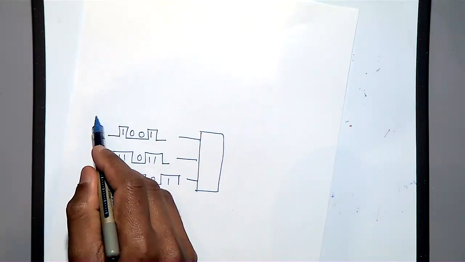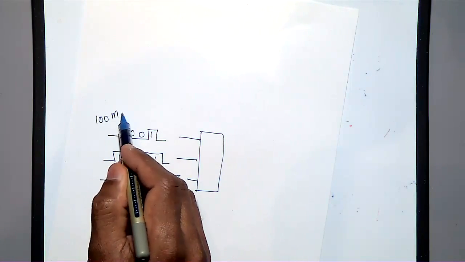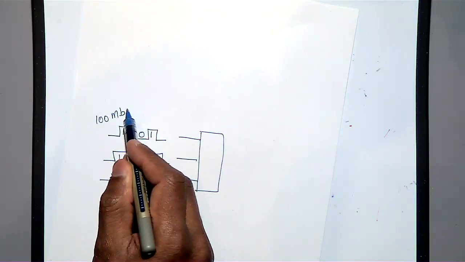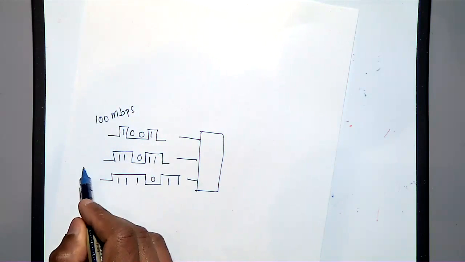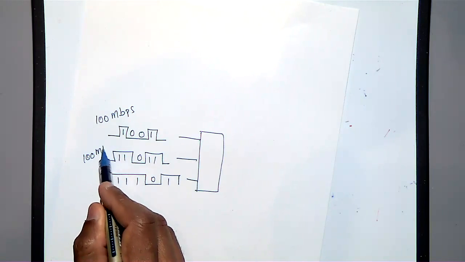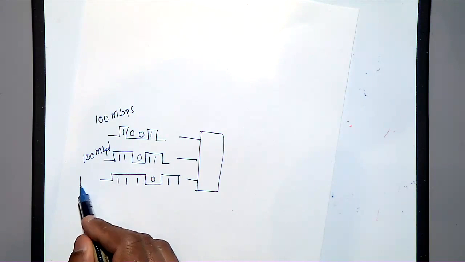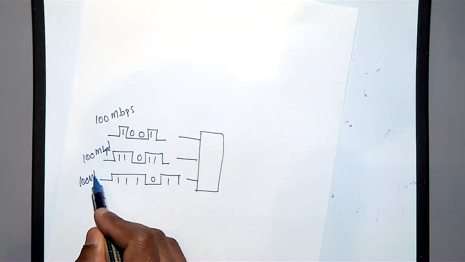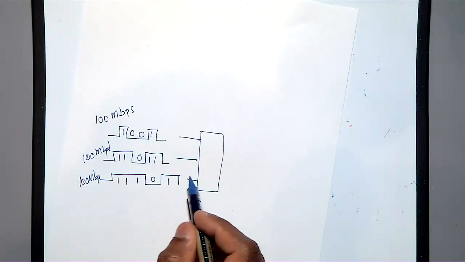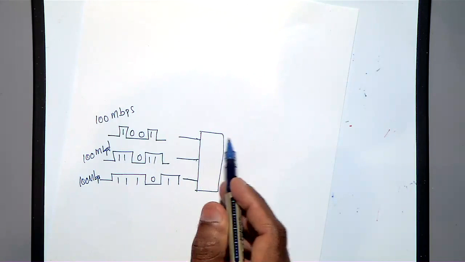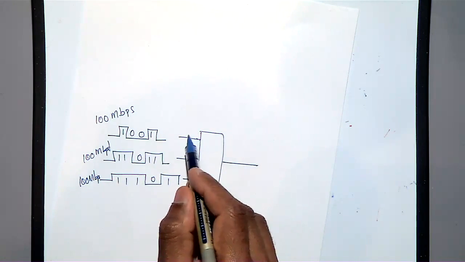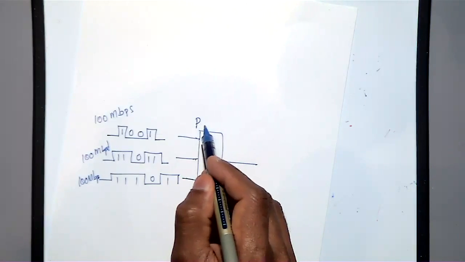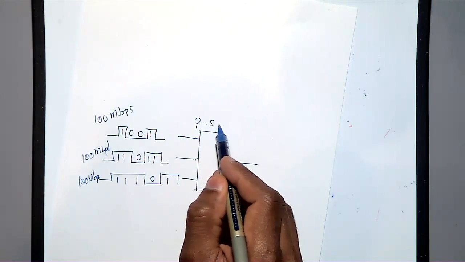So you are getting 3 channels, and maybe each is 100 megabits per second. These are all parallel channels. Then what you are doing is converting these 3 into 1, with a parallel to serial converter.